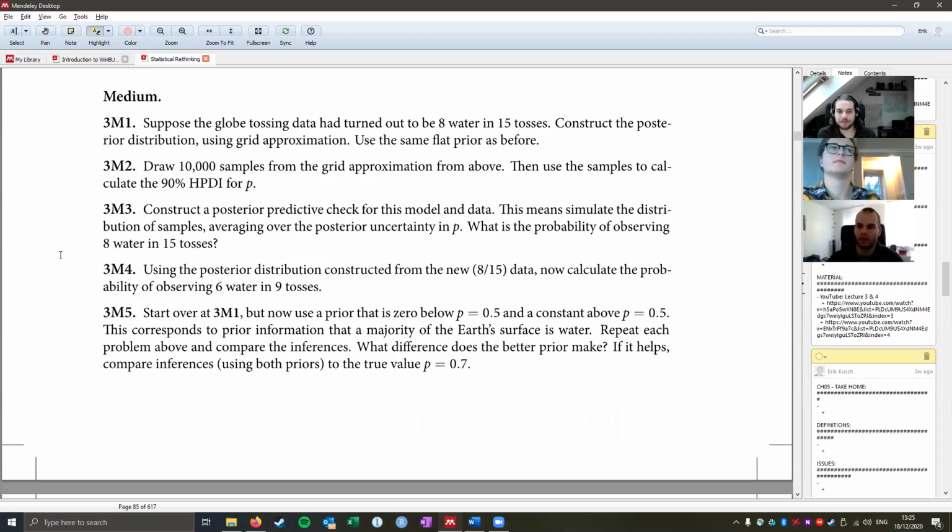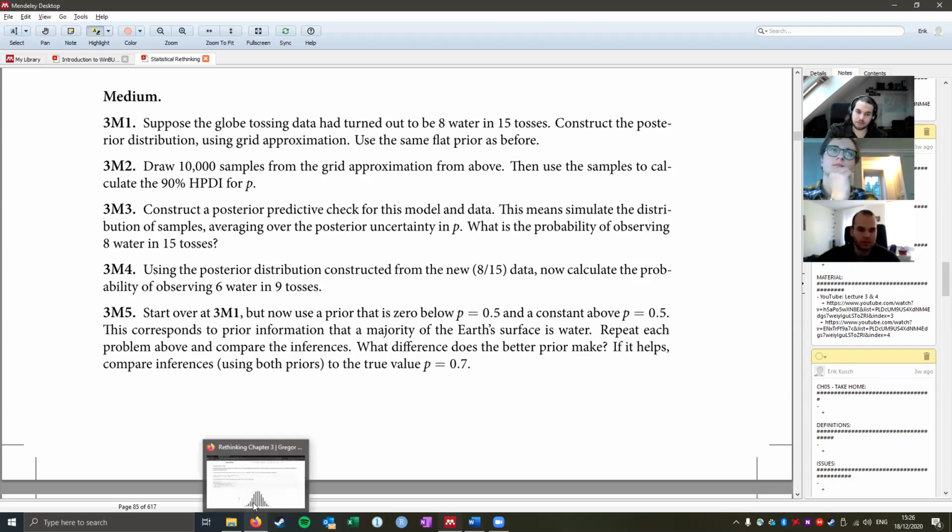M3, go for it. So M3, construct a posterior predictive check for this model and data. This means simulate the distribution of samples averaging over the posterior uncertainty in p. What is the probability of observing 8 water tosses in 15 total tosses?